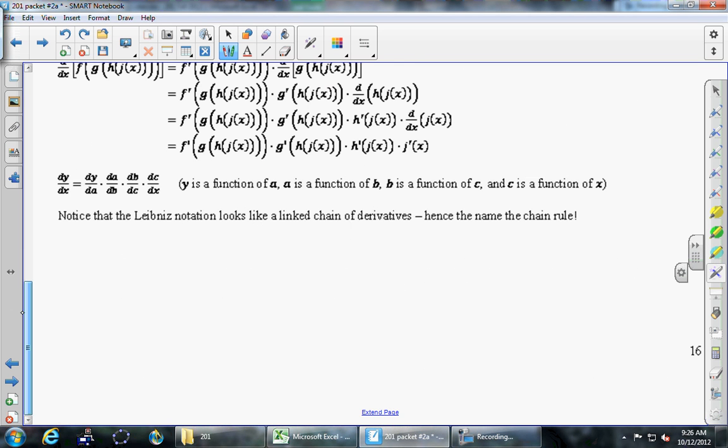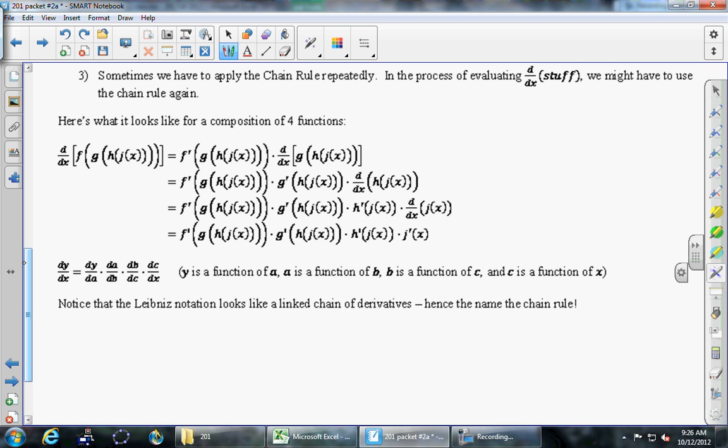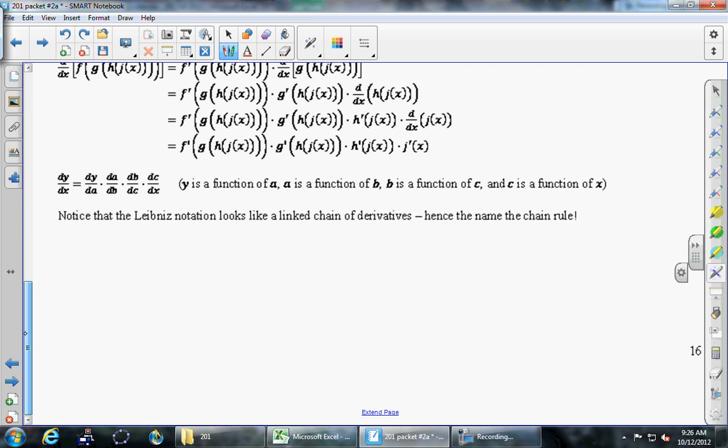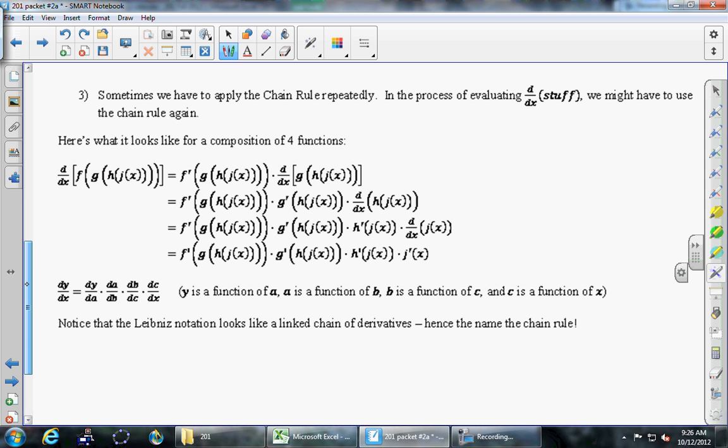Okay, so Joe talked about nested dolls. So take a look here on the bottom of page 16. It says, what if you have f of g of h of j of x, four nested functions, one inside the other? How would you take a derivative? We'll start from the outside. We'll take one derivative times the derivative of the stuff.